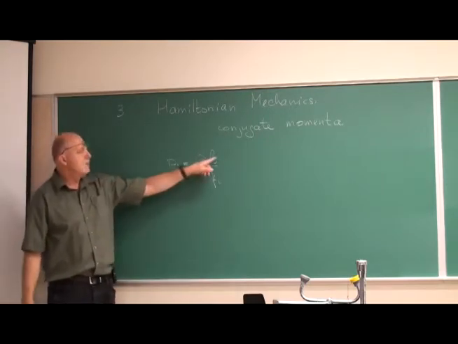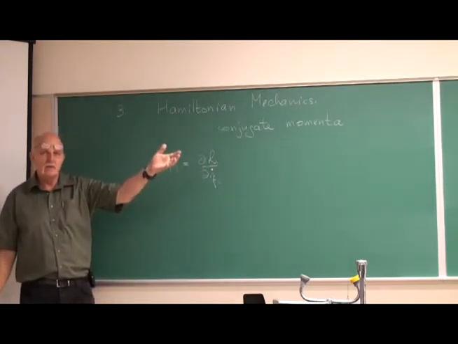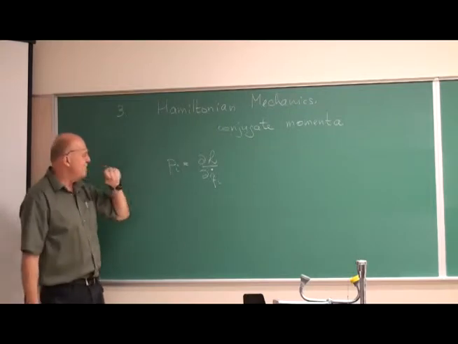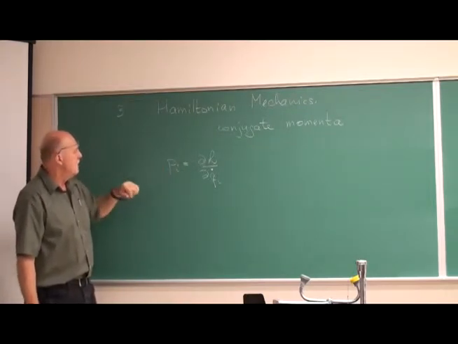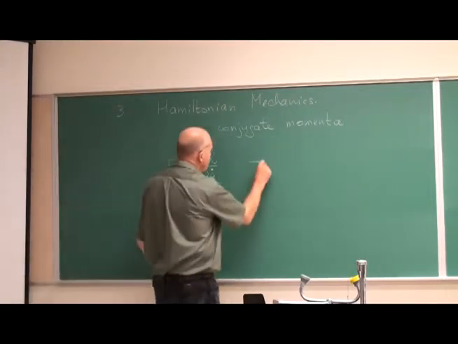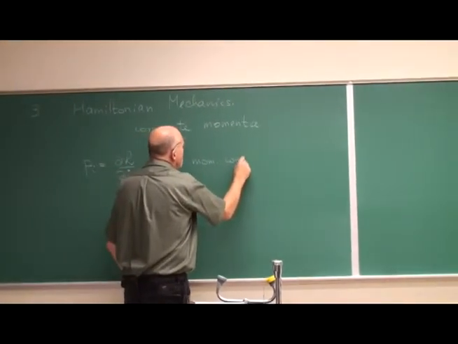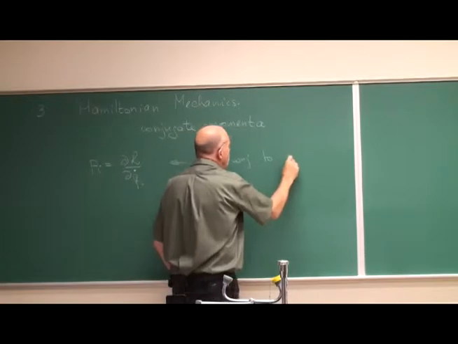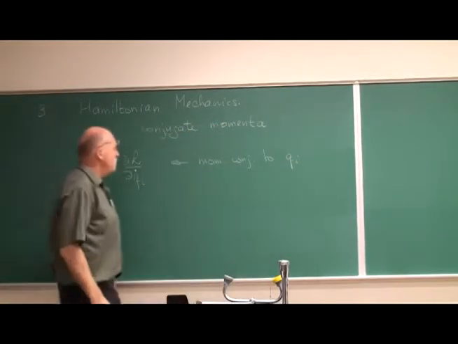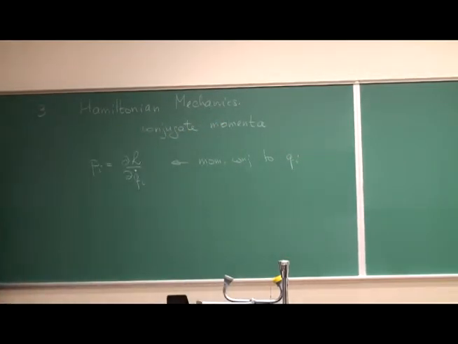The Lagrangian contains only Q's and Q dots, and so the conjugate momentum is just this. This is the momentum conjugate to Qi. So the first thing then is to obtain the conjugate momentum. This again is just a definition really.